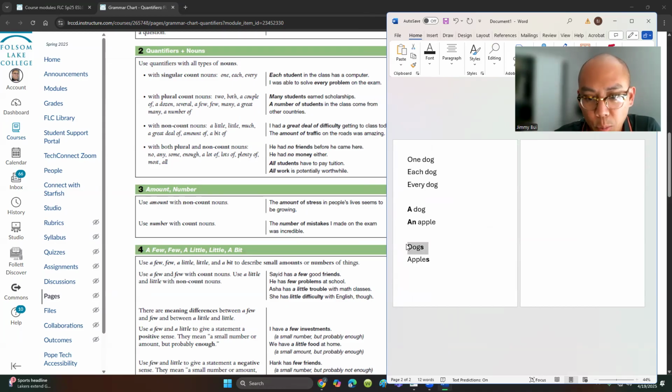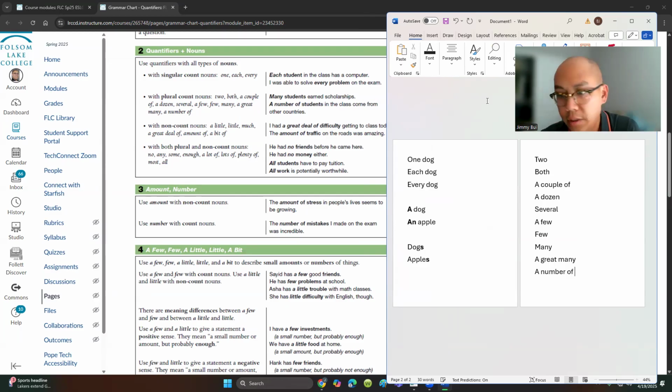If we're using the same word, dogs: two, both, couple, couple of, a dozen, several, few, many, a great many, a number of. All of these can be used, and it would have to be the plural form, right? So dogs, both dogs, two dogs, a couple of dogs. This again shows how many dogs.